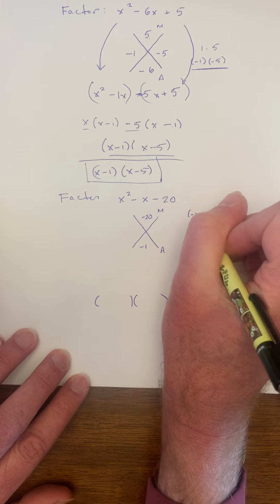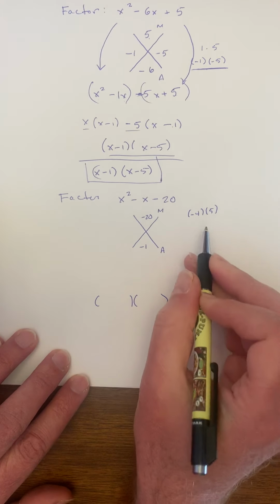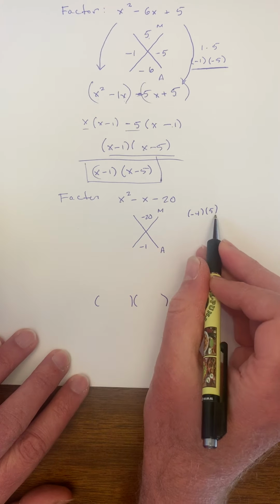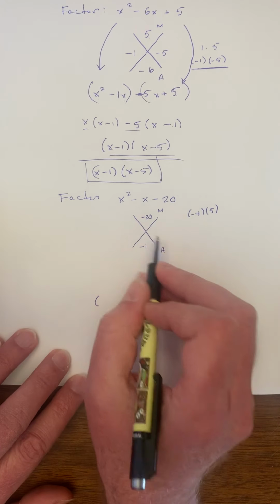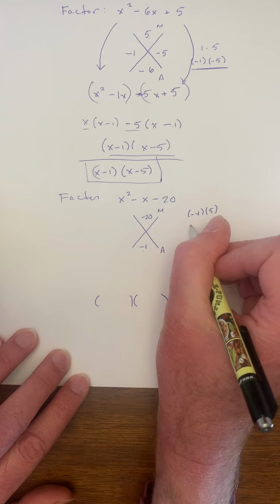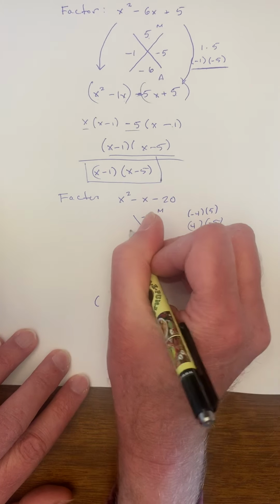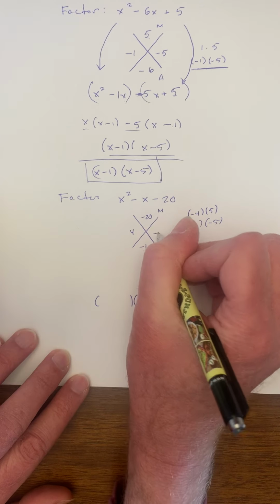So it could be negative 4 and positive 5, but if you add negative 4 and positive 5, you get positive 1, and I want to get a negative 1. So it's got to be positive 4 and negative 5. So I can put a positive 4 there and a negative 5 there.